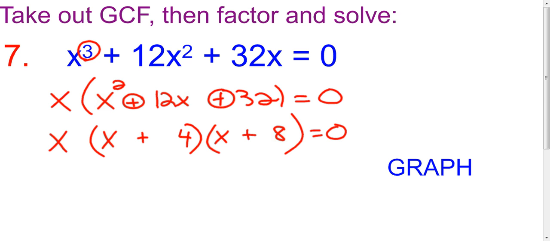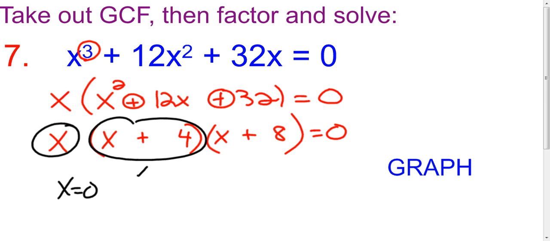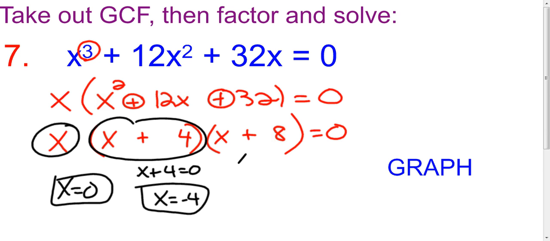And again, once you've got it factored, you'll set each part equal to 0. So x equals 0, x plus 4 equals 0, which means x is negative 4. Okay. And then x plus 8 equals 0, which means if I subtract 8, x would be negative 8.